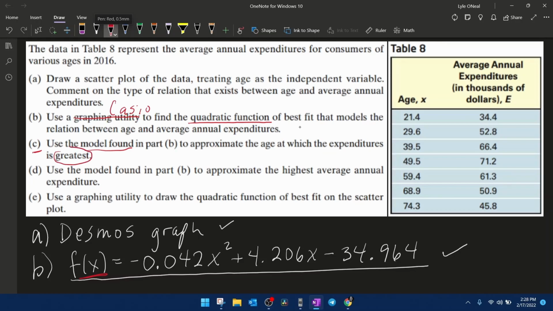Now keep in mind, anytime they want to know when something is the greatest or the least, that's the same as asking you to maximize or minimize, and that means that you're going to need the vertex. So once we get this graphed in Desmos, it'll be really easy to come up with the vertex, and we can approximate the age at which the expenditures are the greatest.